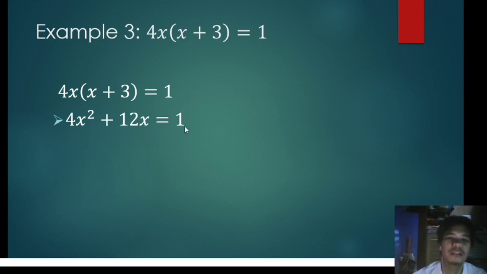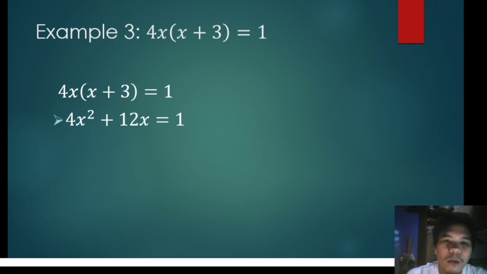The next thing that we need to do is to make the right side of the equation 0. So to do this, since we have positive 1, we're going to use the subtraction property of equality. We're going to subtract 1, so that 1 minus 1 is equal to 0.